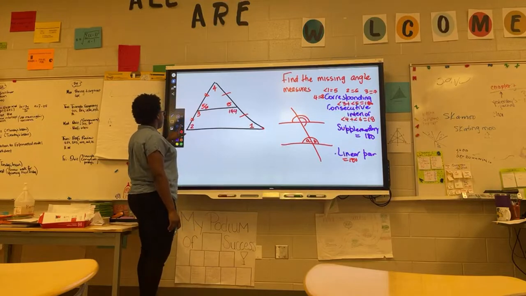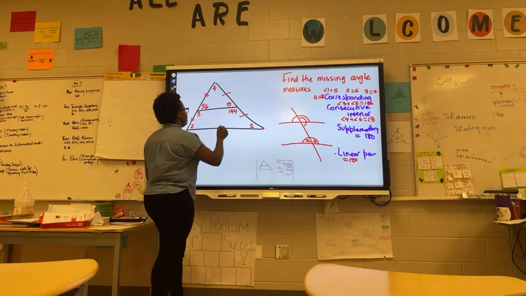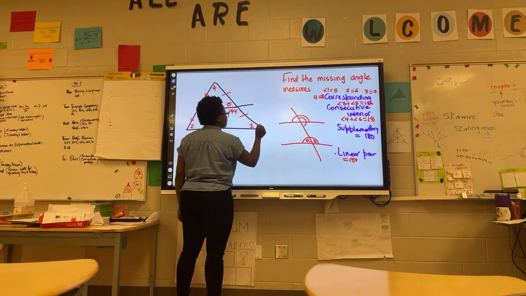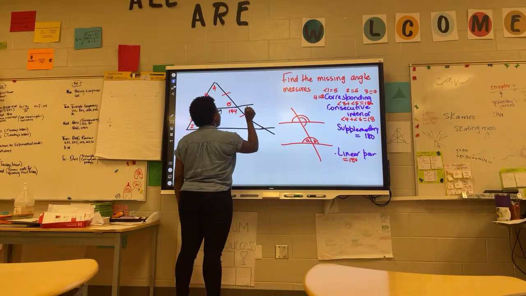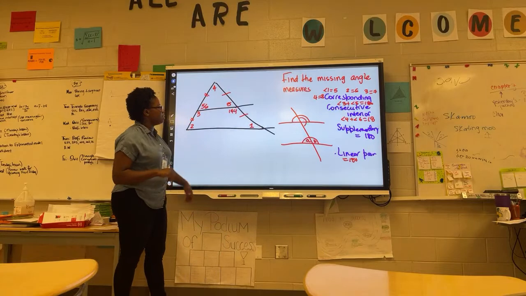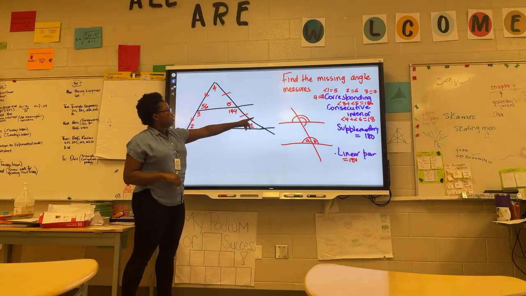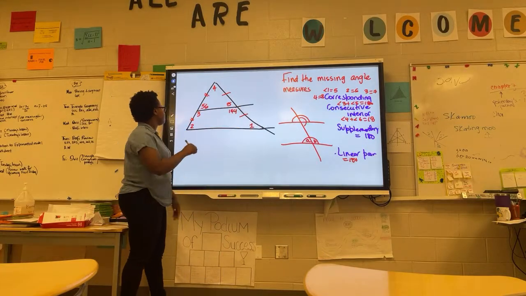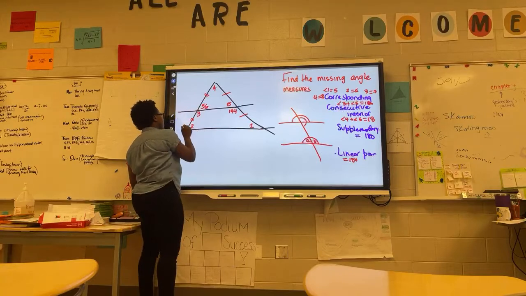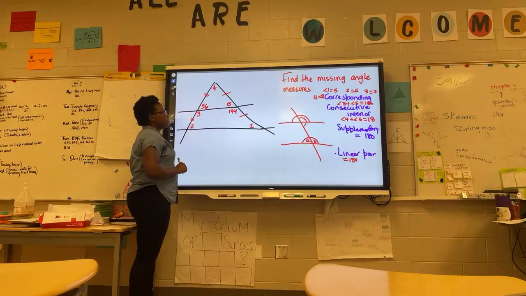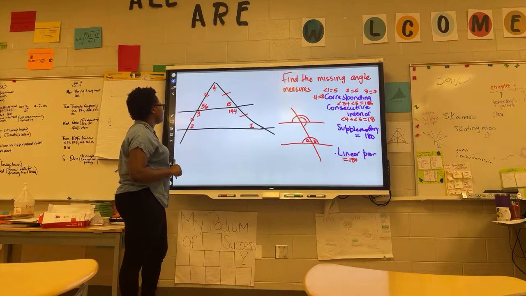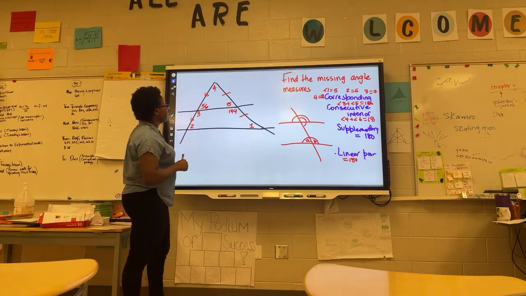Alright, I am going to extend these so you can see what I'm talking about when I say parallel and transversal. Let's say we extend the parallel lines further out of our triangle, because you can do that if you want to. There's no right or wrong way of doing that.